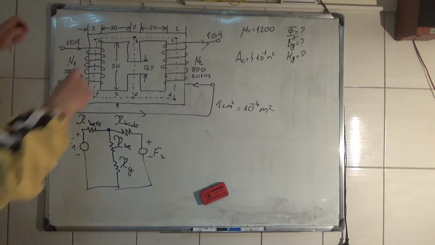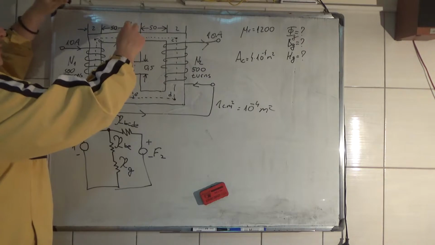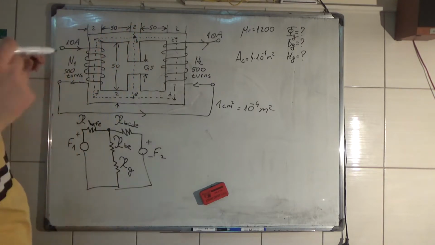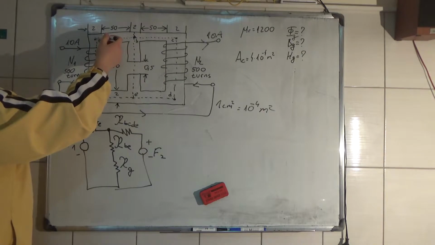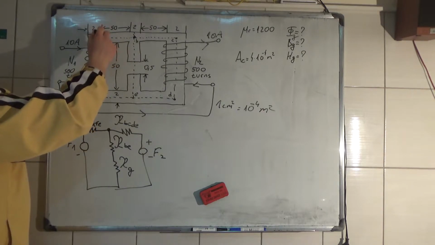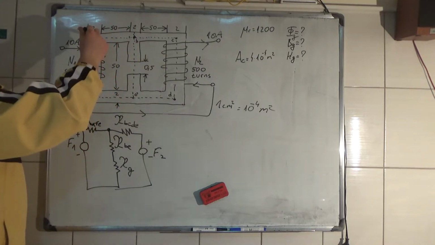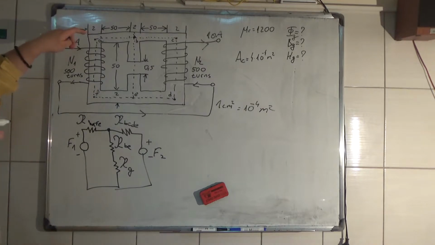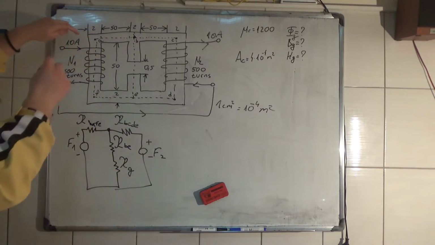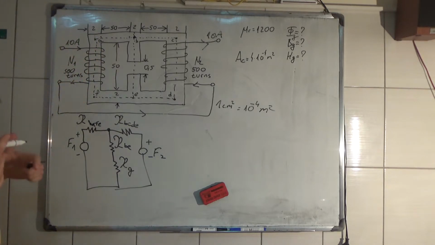So here is the middle line, and from here to here we have 1 centimeter plus these 50 centimeters. From here to here we have 50 centimeters, and from here to here we have 1 centimeter. We are calculating the length of the middle line.